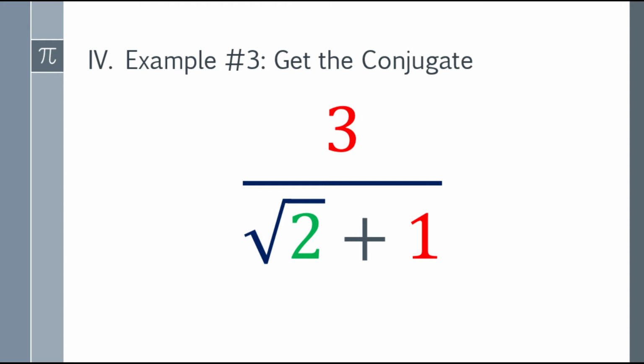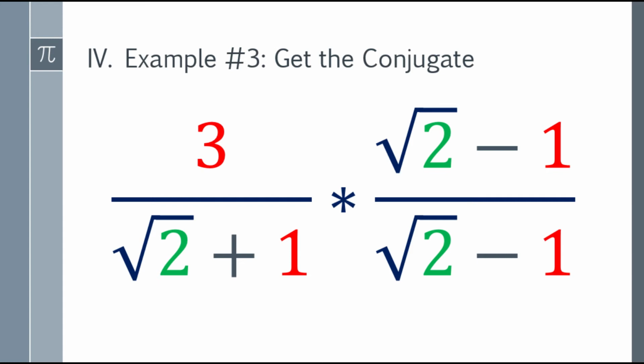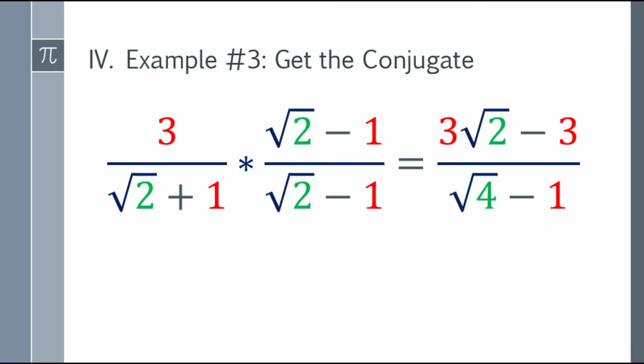Okay, so let's go back to the problem. We have 3 over square root of 2 tapos plus 1 tayo. Yun, multiply natin siya sa conjugate. That will be square root of 2 tapos minus 1 at same din sa denominator. Let's multiply them. That will be 3 square root 2 minus 3.